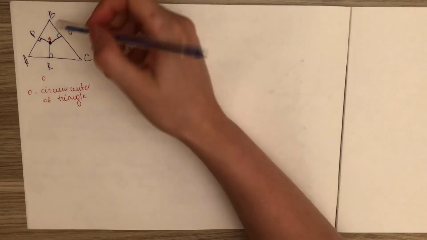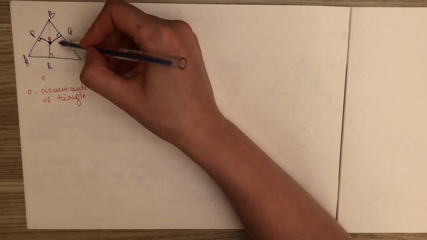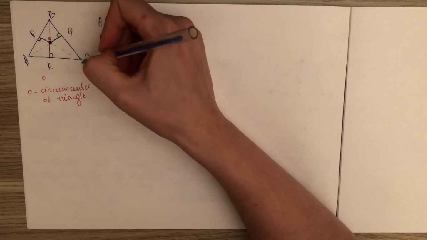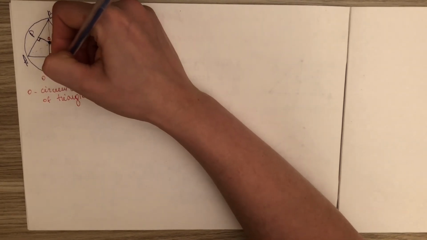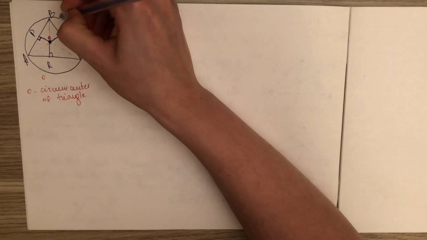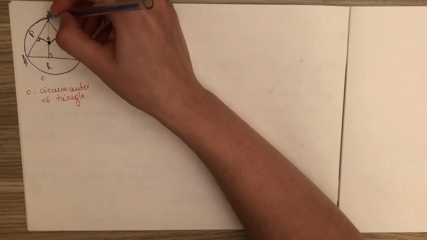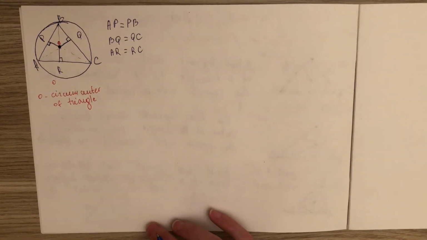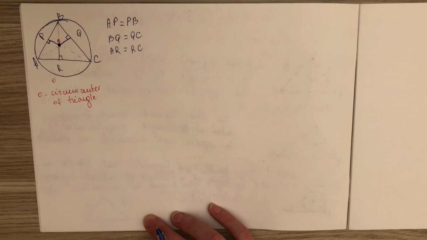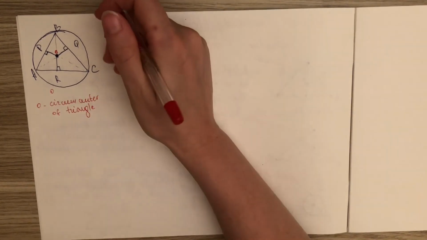And if we take AO or BO or OC as the radius, we can find this circle. My circle is not looking perfect, but this circle is called exterior circle, okay?